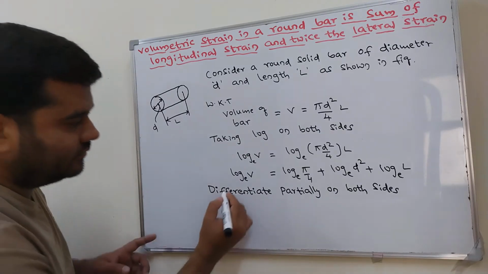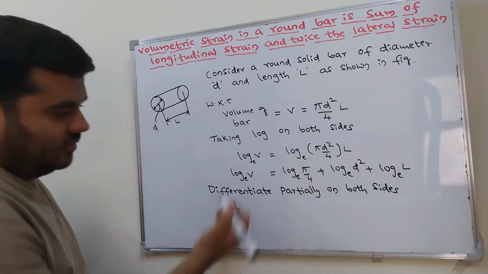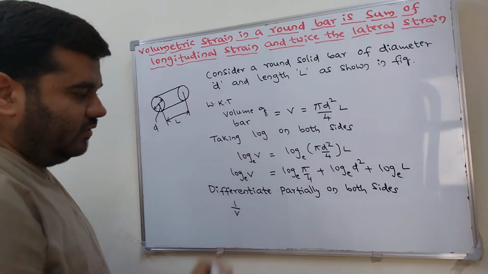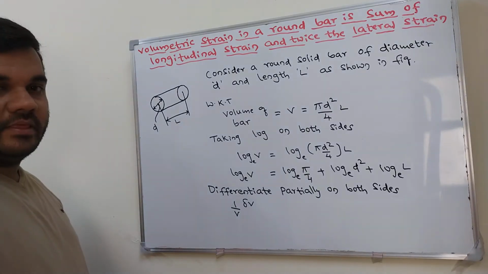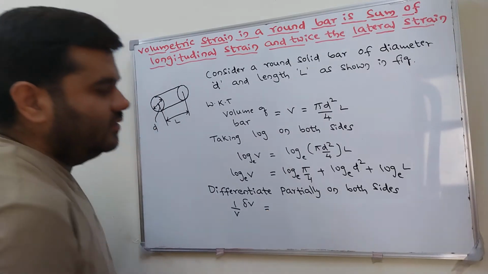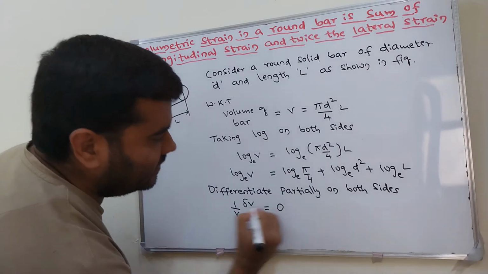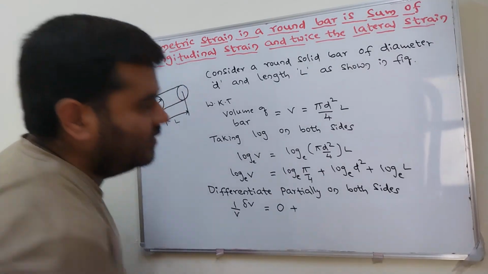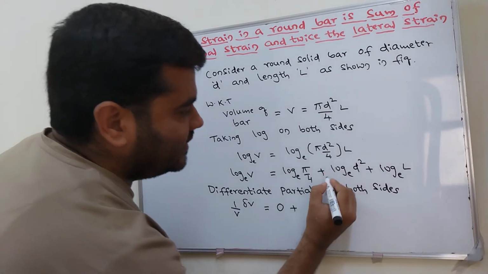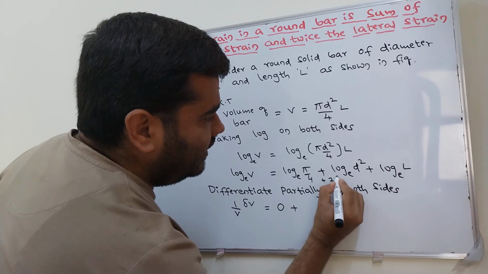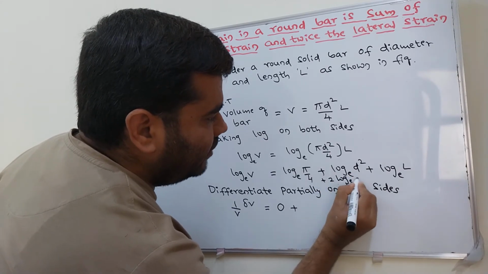What we get here is 1 by V into dou V, equal to the partial differentiation of log to the base e pi by 4, which is 0 because it's a constant, plus the d square term, which I can write as 2 into log to the base e d.